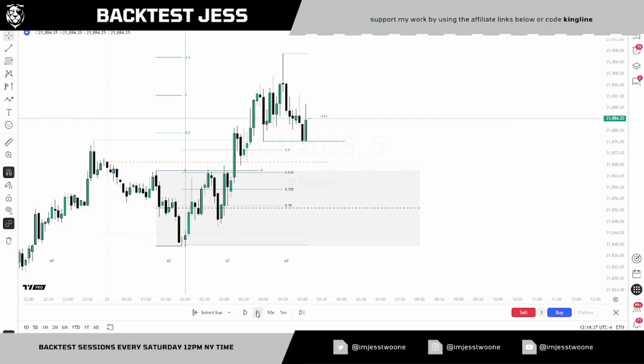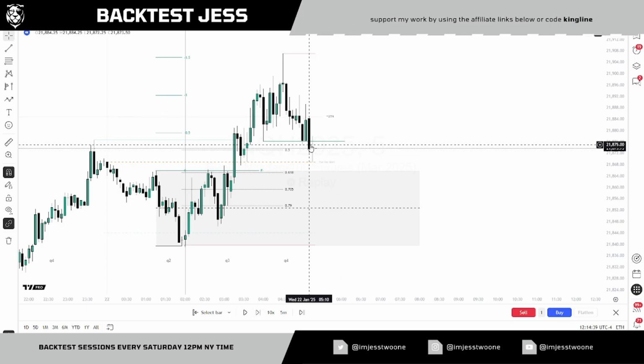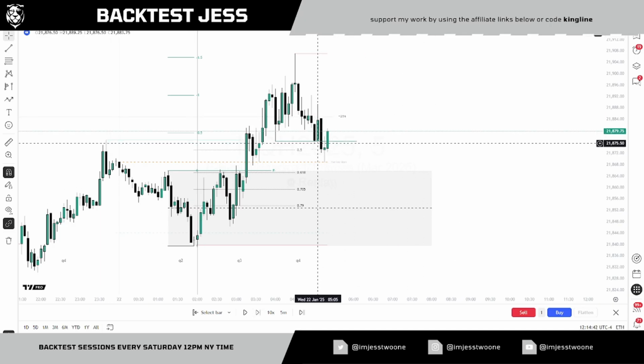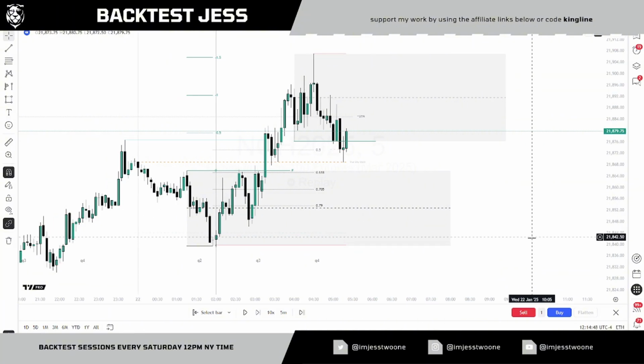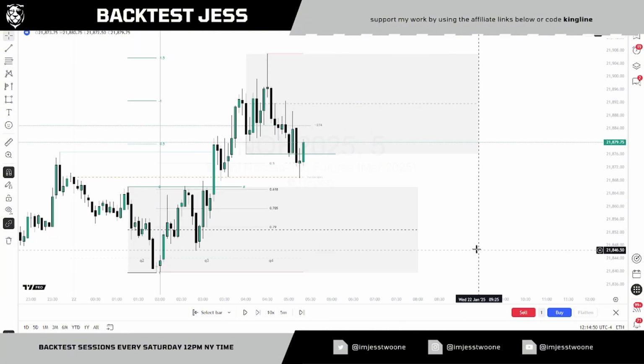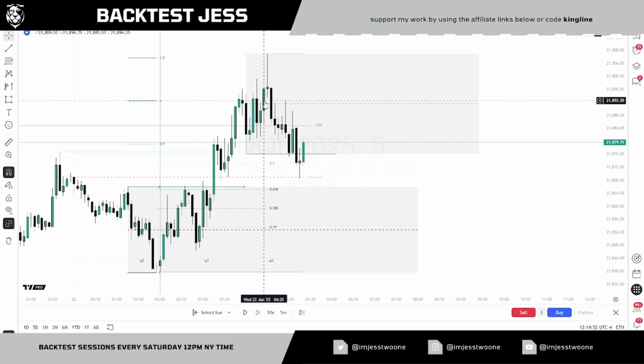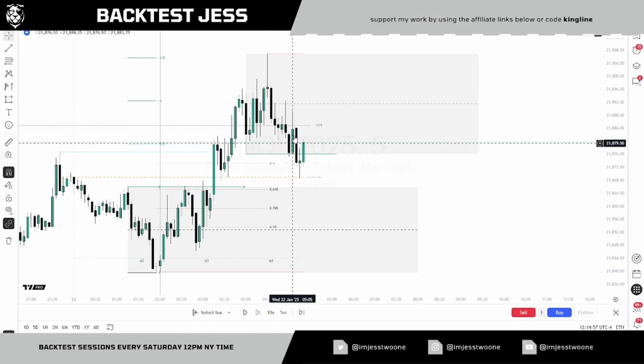No close. All right, so now we get the close here. Now this is potentially a Q4 manipulation if it starts to trade through. We have displacement up here that did deliver or is holding so far.